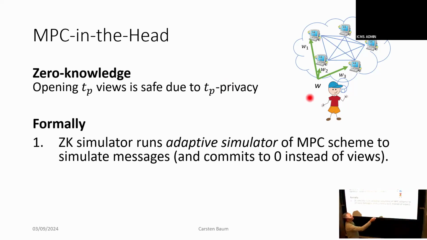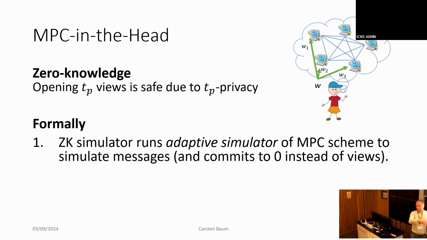And since they got the secret sharing of the witness, getting those secret shares doesn't give you anything about the original witness if you choose the threshold of the secret sharing accordingly. So now, instead of the prover corrupting the MPC-in-the-head parties, you can assume it's the verifier corrupting these parties. But by the privacy guarantees of the MPC scheme, all is good.